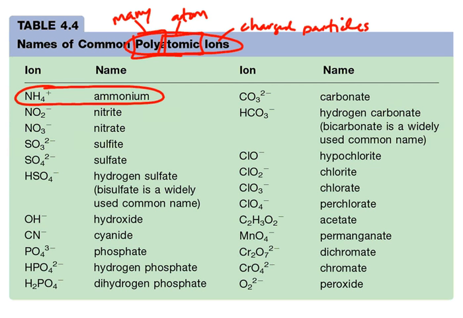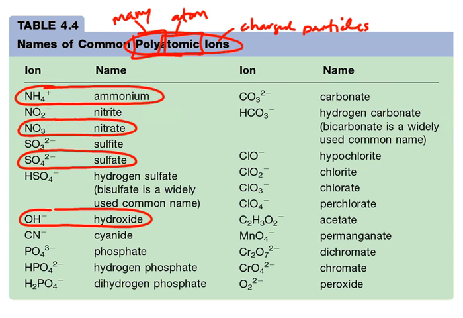All right? Some other important polyatomic ions that we'll be seeing a lot: nitrate, sulfate. Okay, moving down here, hydroxide. Okay, phosphate.